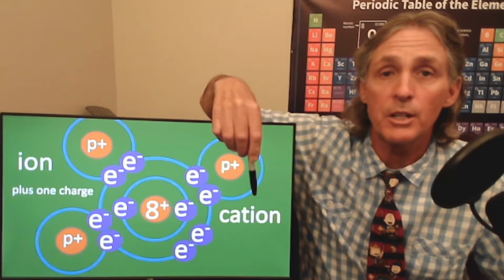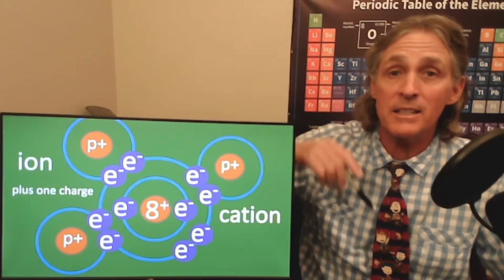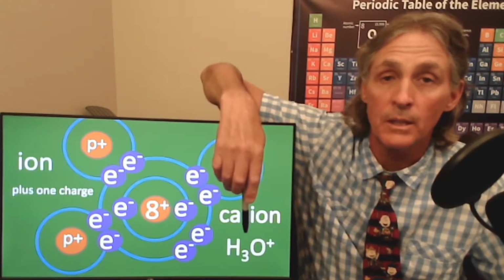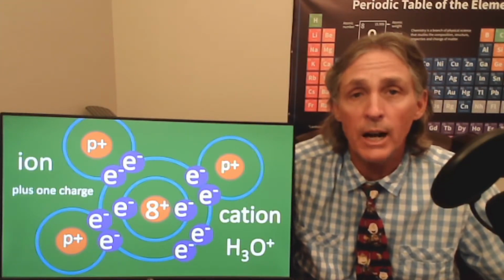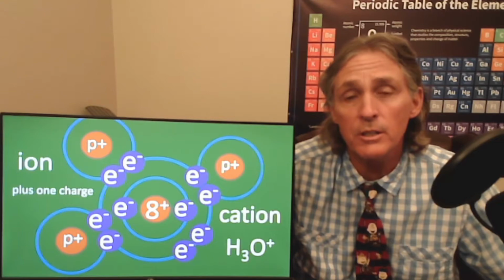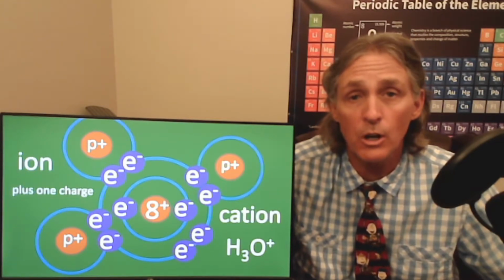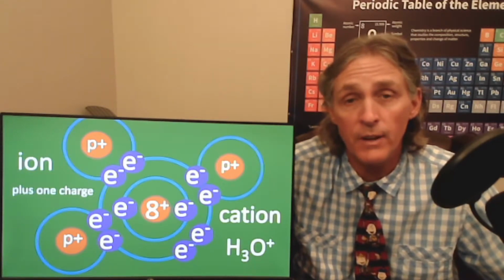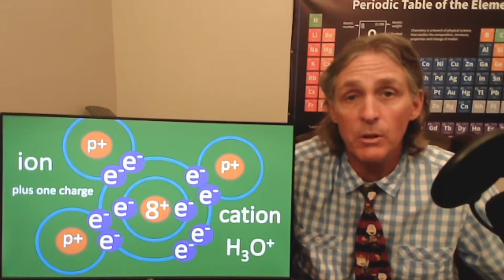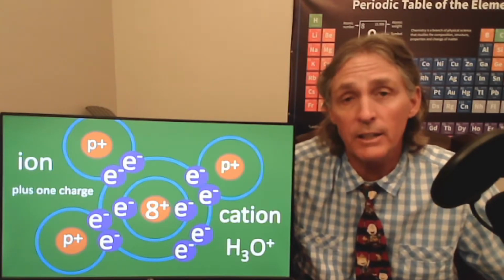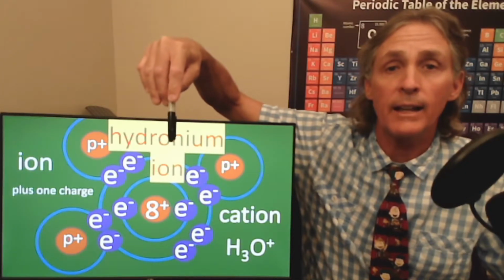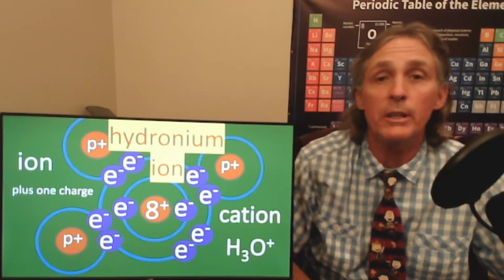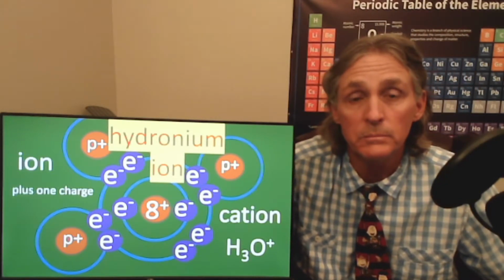Positively charged molecules are called cations. This cation is H3O+, 3 hydrogens, 1 oxygen carrying a +1 charge. The +1 charge is due to the fact that it has 11 protons, 10 electrons, 1 more positive than negative charge in the molecule. We call this cation a hydronium ion.